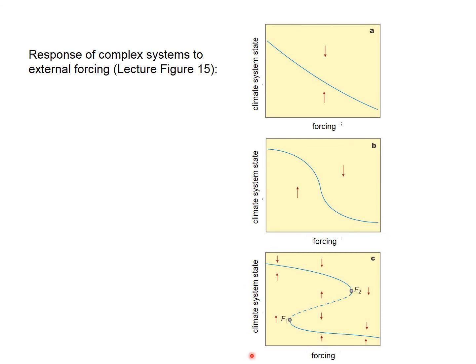Okay. Now on this bottom diagram, you might think, well, actually, if we increase our forcing, we maybe increase temperature, our ice sheet starts to melt. But if we make it colder again, the ice sheet will grow back to its normal size. Okay.